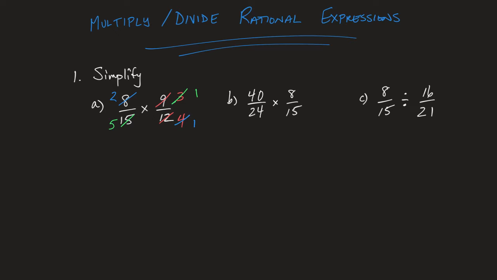And really what I end up having then in that problem is I can multiply my top, which is a 2 times 1, and I can multiply my bottoms, which is a 5 times 1, and we came to a 2/5.